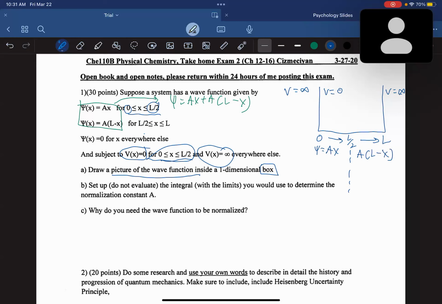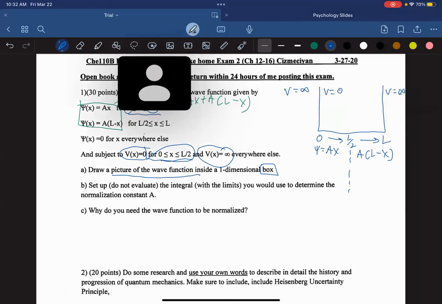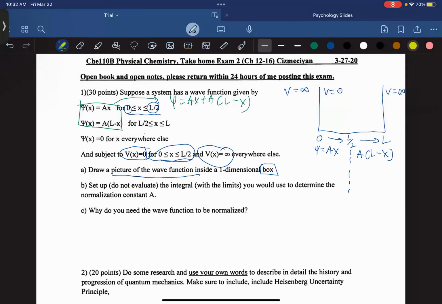So now in order to graph this, you could kind of guess like, okay, this is ax, probably gonna be positive, something like that. And this one's L minus x, that's gonna be some slope. I always have some trouble imagining that. So what I used to do is I used to just max them in. So do the minimum x and the max x and just kind of plug it in.